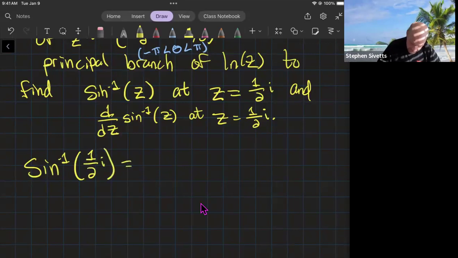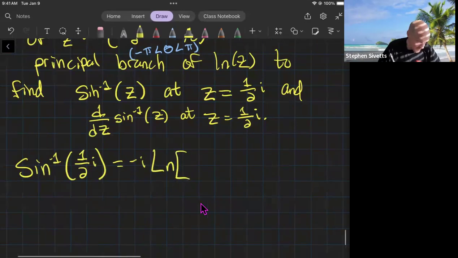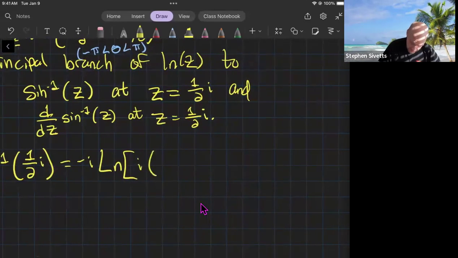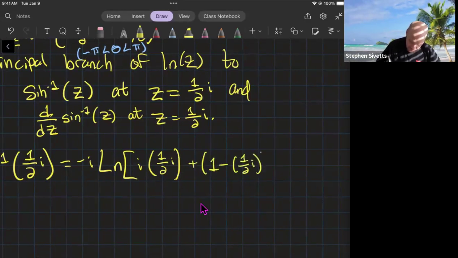By definition, this equals minus i times the capital natural log of i times 1/2 i plus (1 minus (1/2 i) squared) to the 1/2 power.